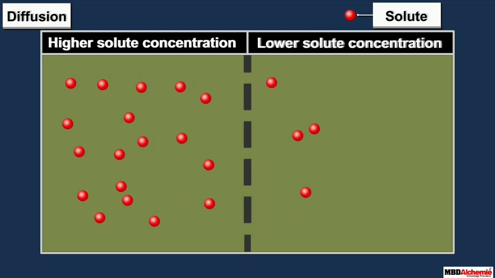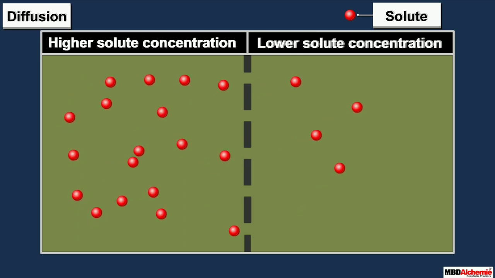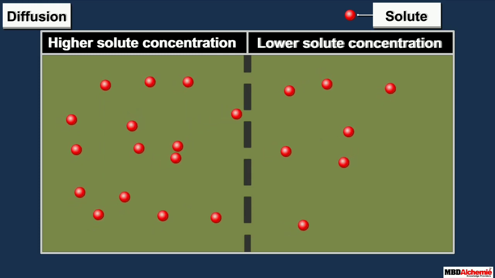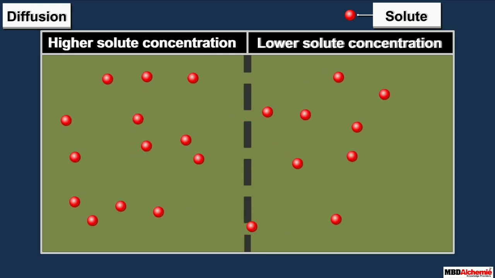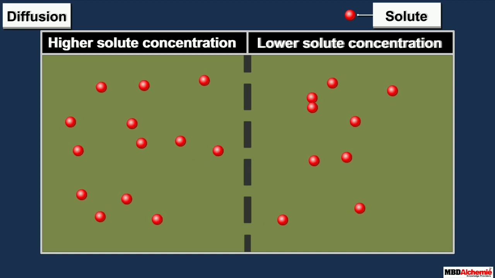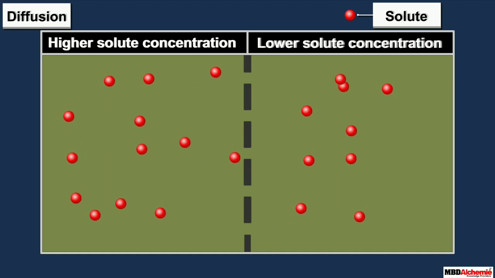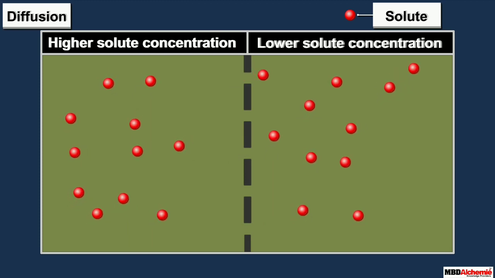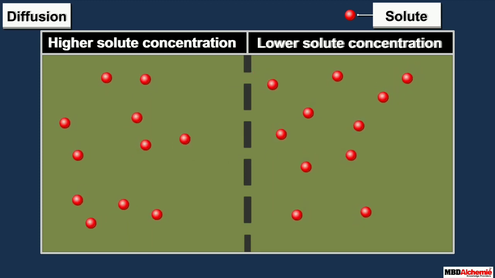So what will the cell do? We know that the CO2 concentration inside the cell will be high if we compare it to the external environment. So the CO2 will move from the higher concentration to the lower concentration, that is from the cell to the outside environment. Okay?